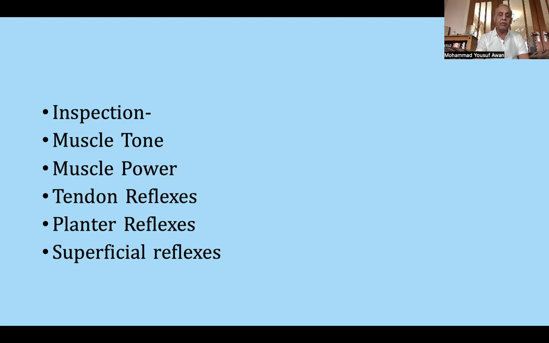So depending upon the findings on this examination, you need to decide whether there is an upper motor neuron lesion or lower motor neuron lesion. And that way, you can localize the lesion in the brain or the peripheral nervous system.